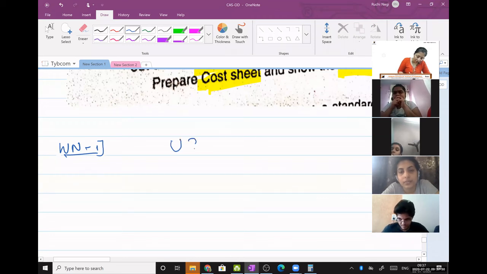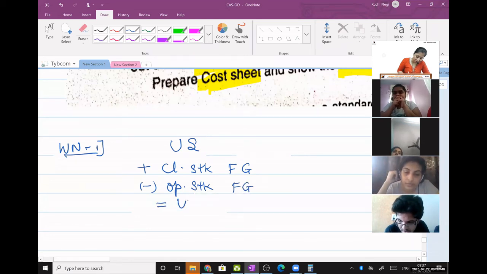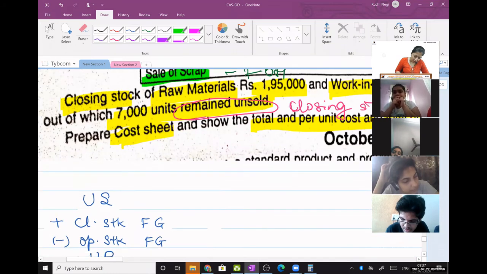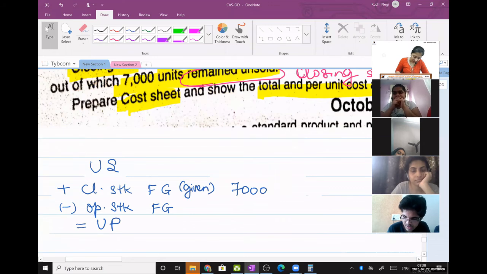We know this formula, units sold plus closing stock of finished goods minus opening stock of finished goods is equal to units produced. All these abbreviations are allowed. You can use these short forms. So closing stock is how much? 7,000. So write it here, 7,000. This is given in the question. Next.